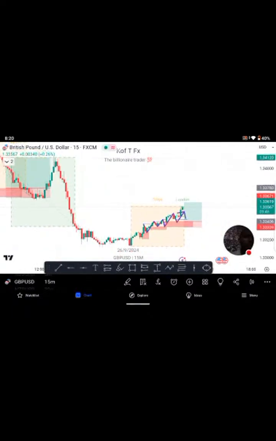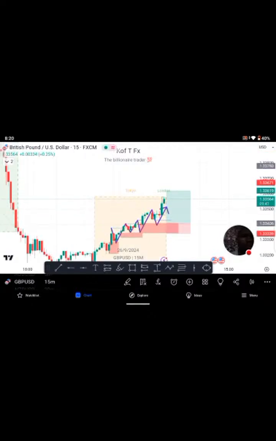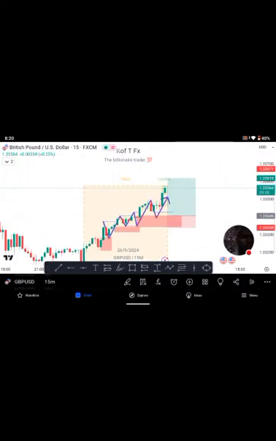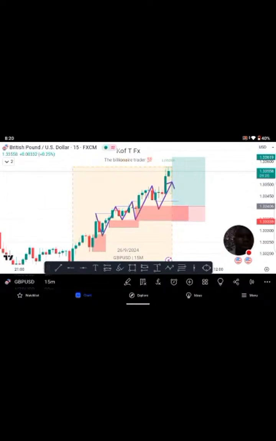Looking at this, as you can see, look at this structure. See the way it moves. Break of structure, a clear pullback, break of structure, a clear pullback again, FVG, break of structure.